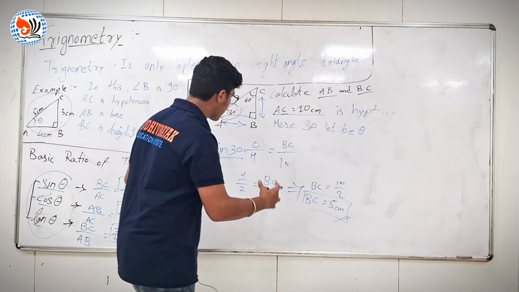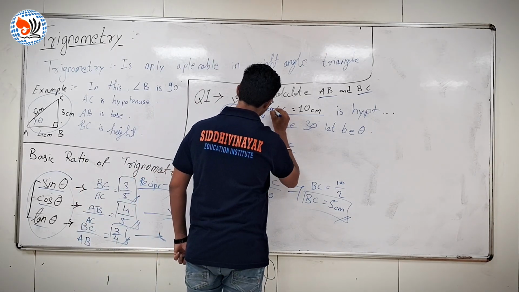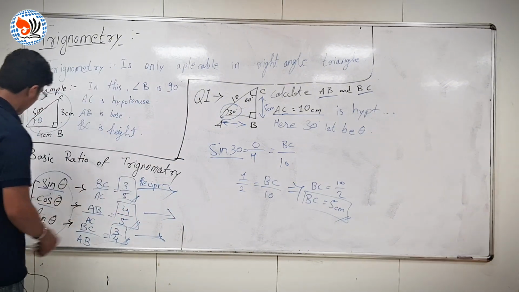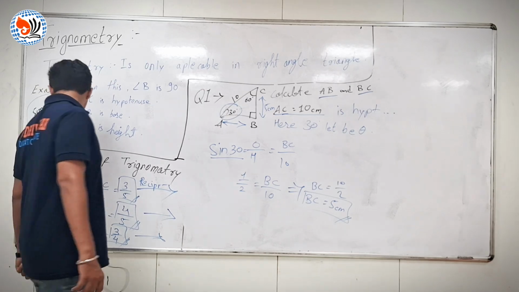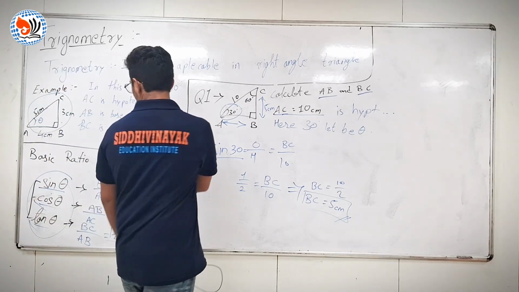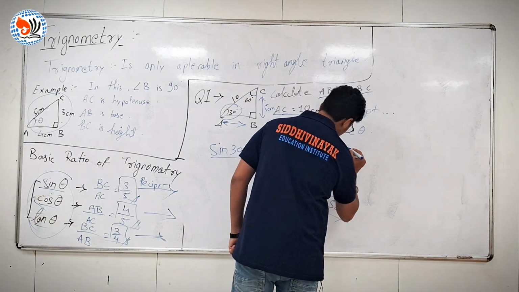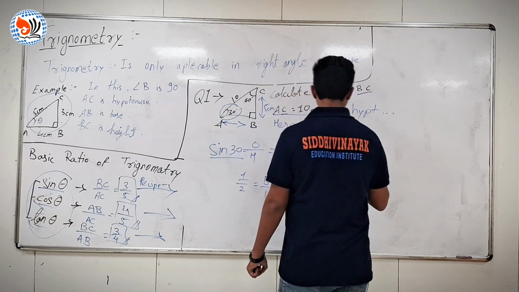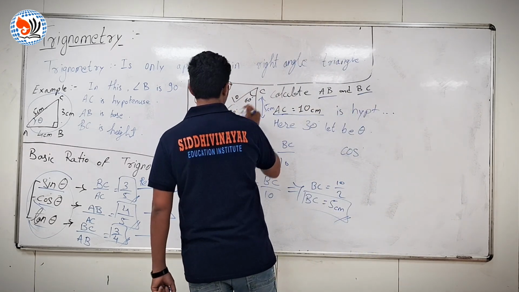From this method we can calculate the side. Now this we had already, 5 centimeter. Now we can use any angle, any fundamental unit like cos or tan. I would prefer cos as my other fundamental unit, so cos 30. From now onwards I will take theta as 60 degree.